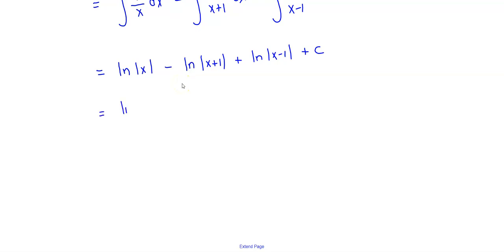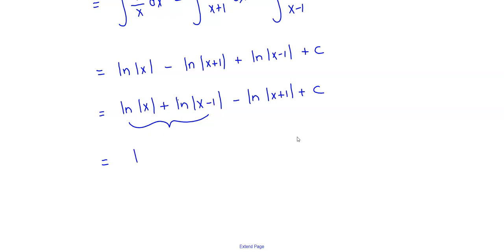So we have the natural log of the absolute value of x plus the natural log of the absolute value of x minus 1 minus the natural log of the absolute value of x plus 1 plus C. Okay, so since this is plus, we can multiply these two together. And so then we end up getting the natural log of the absolute value of x times x minus 1 minus the natural log of the absolute value of x plus 1 plus C.